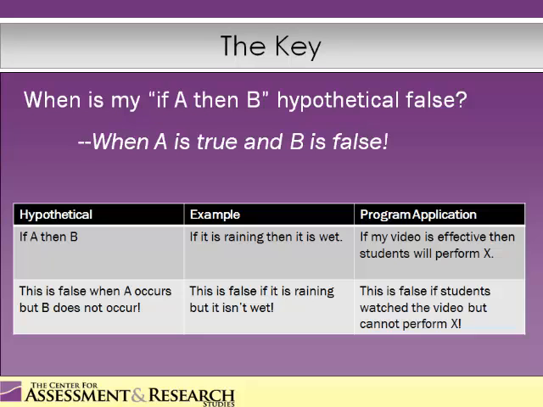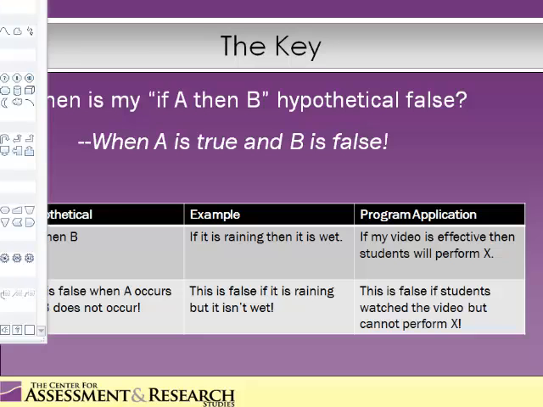This would occur when A is true and B is false. And this is so precisely because this is the very condition that is specified as something that cannot occur according to my hypothetical.